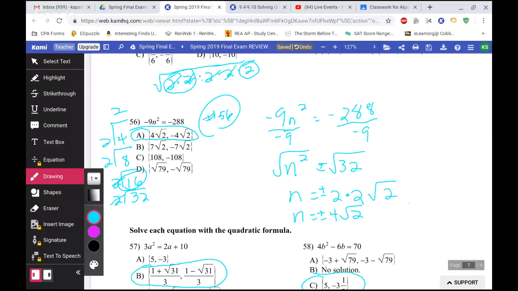Okay. What is 2 times 2? 4. Okay, what's the square root of 4? 2. Okay, so there's that 2. What's 2 times 2? 4. And what's the square root of 4? 2.